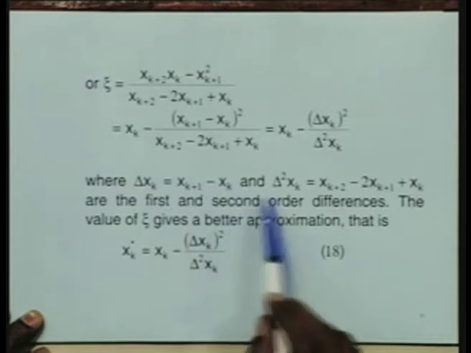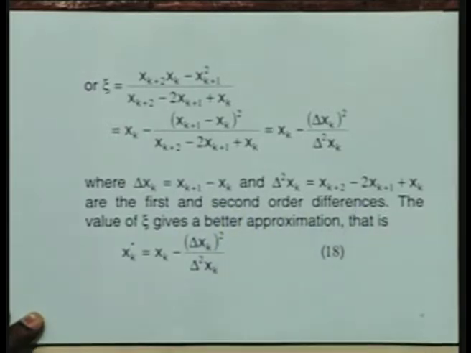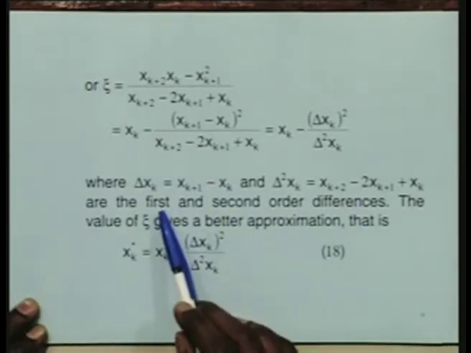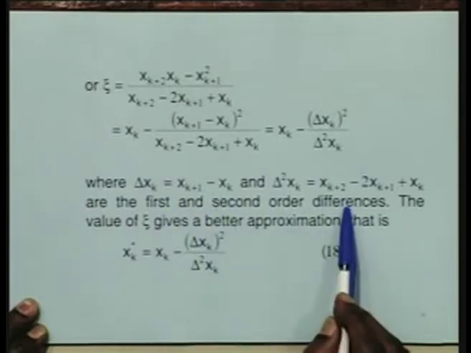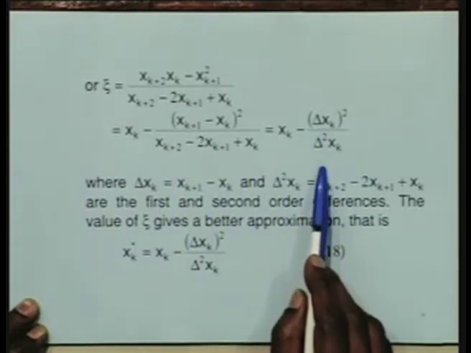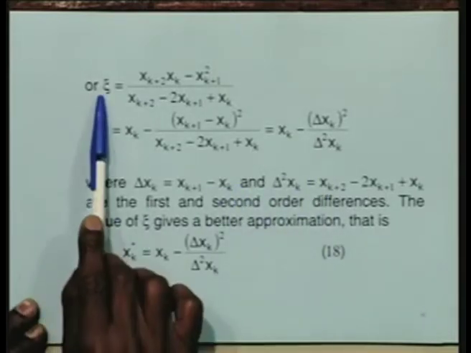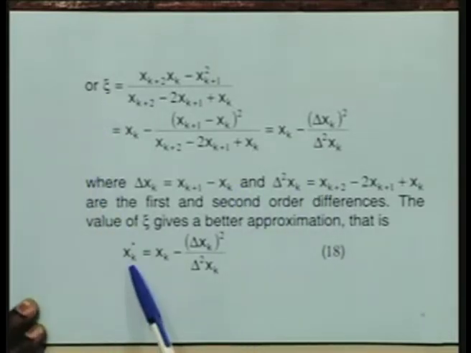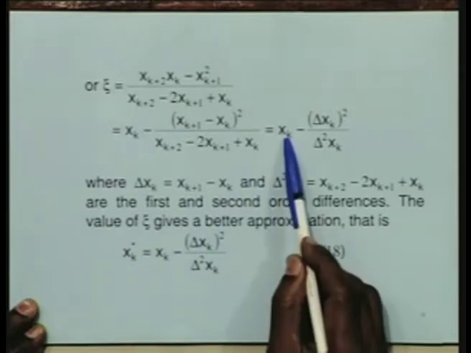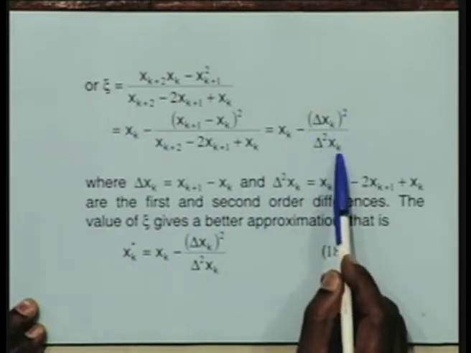They are called the first and second order differences, which we are going to define later; for the moment let us take it as just the name of these two quantities. Therefore, I will take the new approximation to xi as x star k, that is x k minus delta x k whole square by delta squared x k.